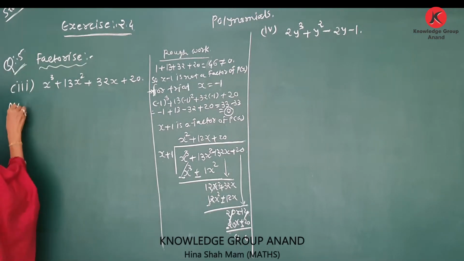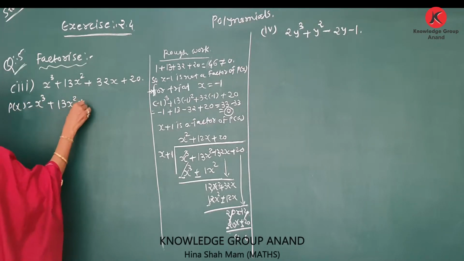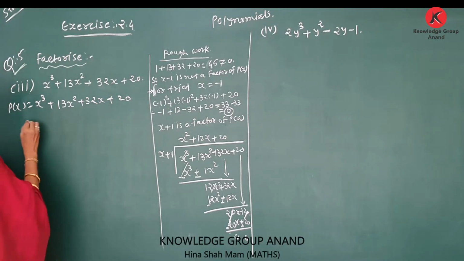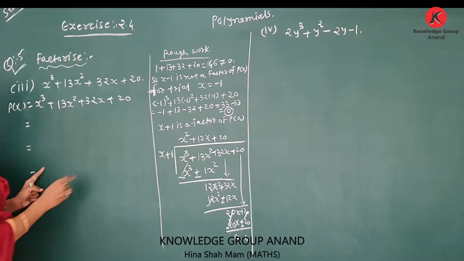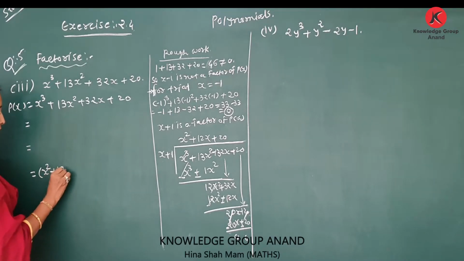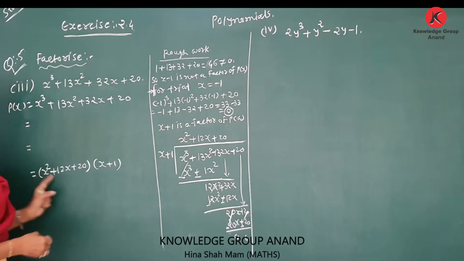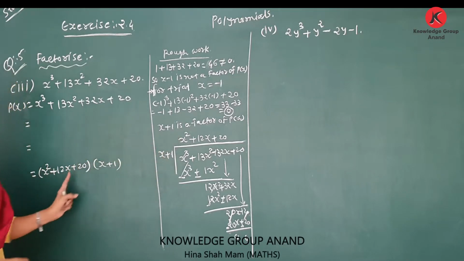P(x) is equal to x cube plus 13x square plus 32x plus 20. Now the fourth step: first we write the quotient x square plus 12x plus 20 into the divisor x plus 1. Here we write the quotient into the divisor.